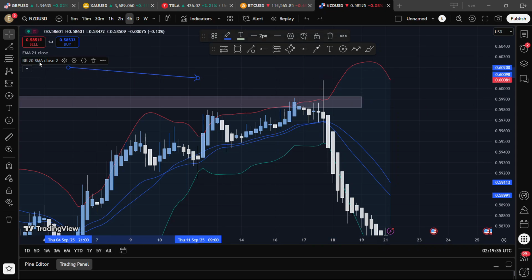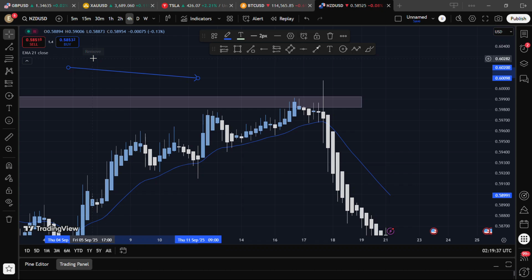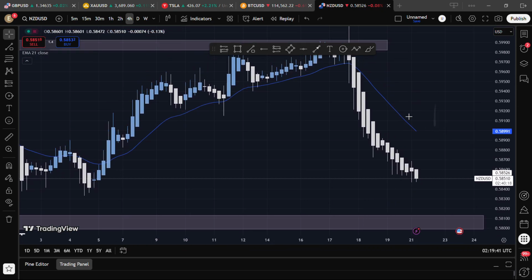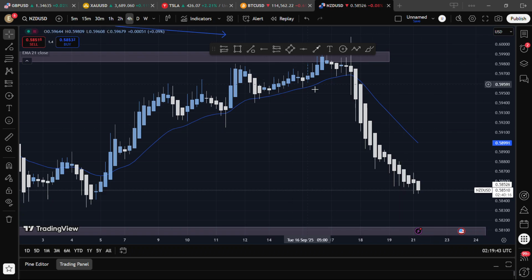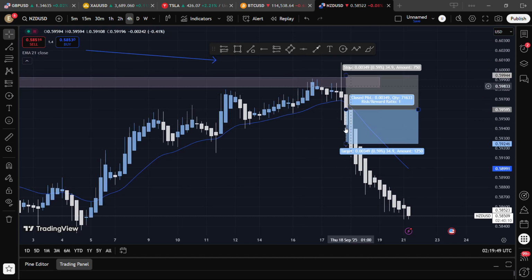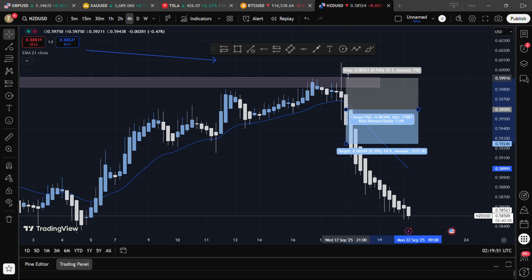So let me delete my Bollinger Band. I took this trade after my EMA crossed. To create my stop loss on my resistance line, I look for a 1:2 trade.